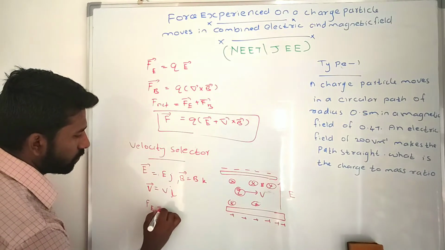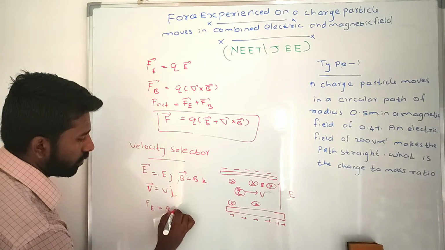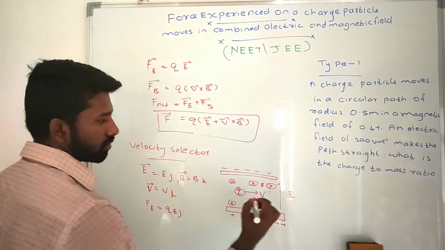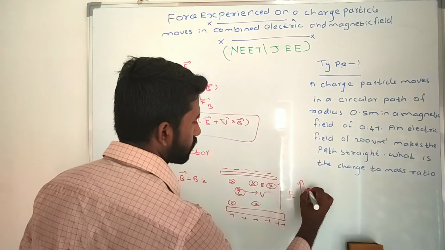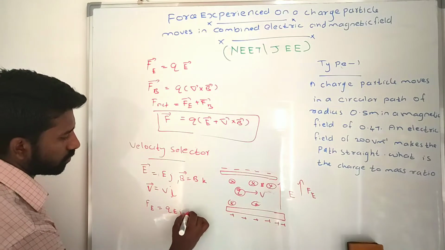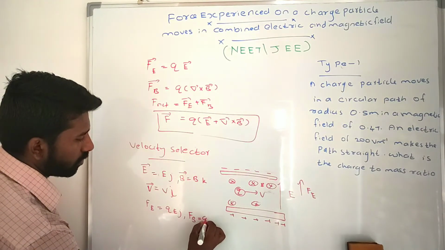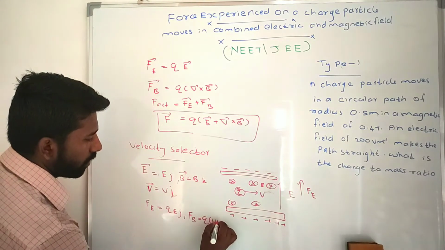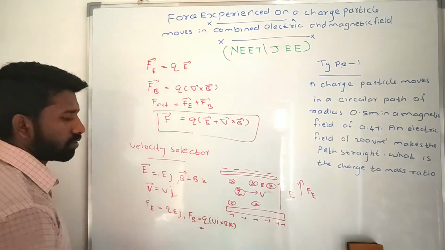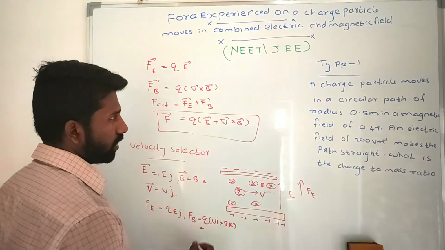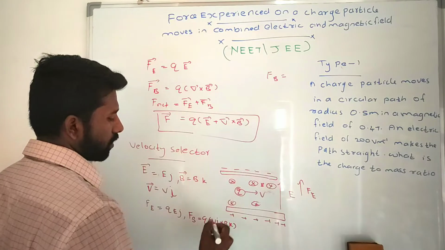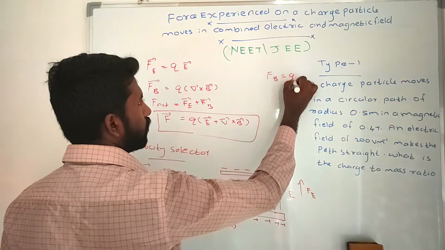The electrostatic force is Q into E j, so the electrostatic force Fe is acting in this direction. What about the magnetic force? The magnetic force Fb is equal to Q into V i cross B k. What is i cross k?